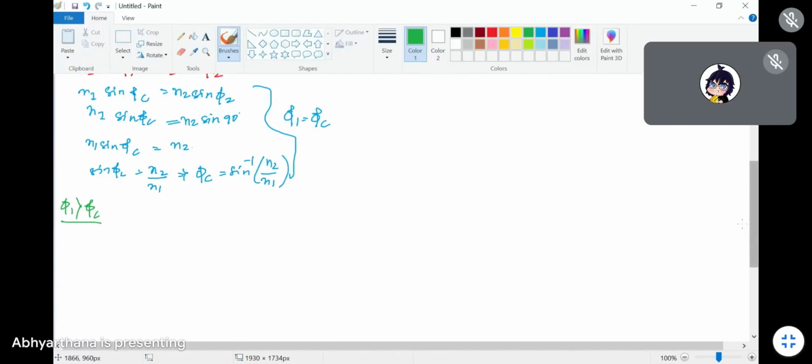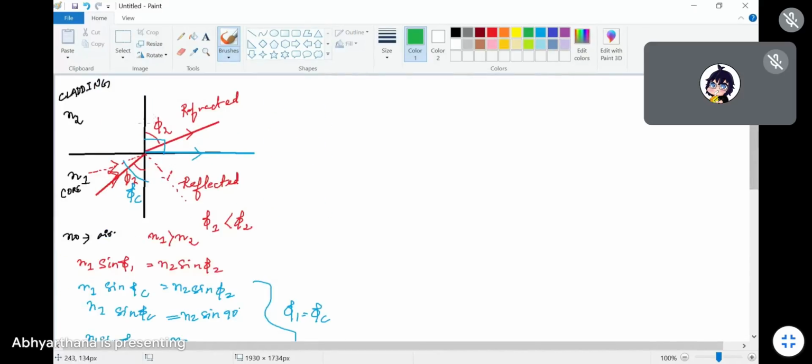What will happen if it is greater than phi c? Then you will see a reflection over here.